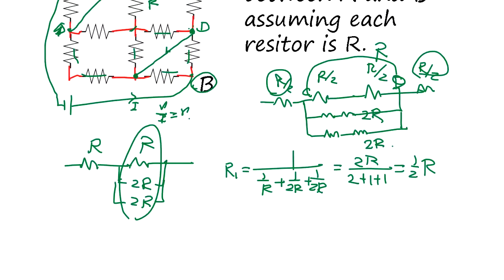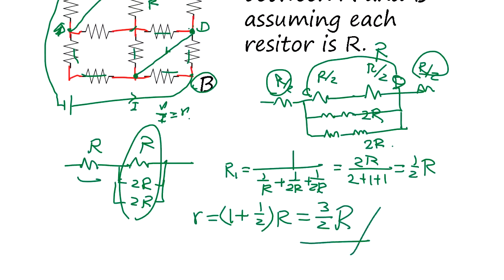And this half plus R, so total resistance is 1 plus a half, equals, well, 3 over 2 R. So that's the answer. You got it?